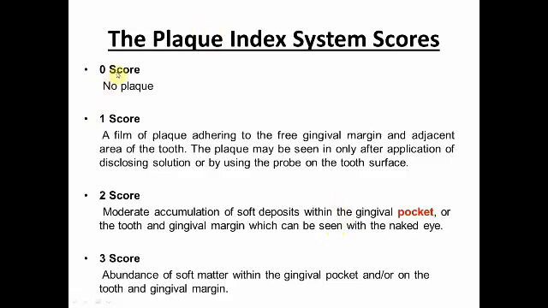Similarly, if there is no plaque, score 0; a film adhered to the tooth, score 1; moderate accumulation of soft matter with gingival pocket, score 2; and score 3, abundance of soft matter with gingival pocket and on the tooth margin.